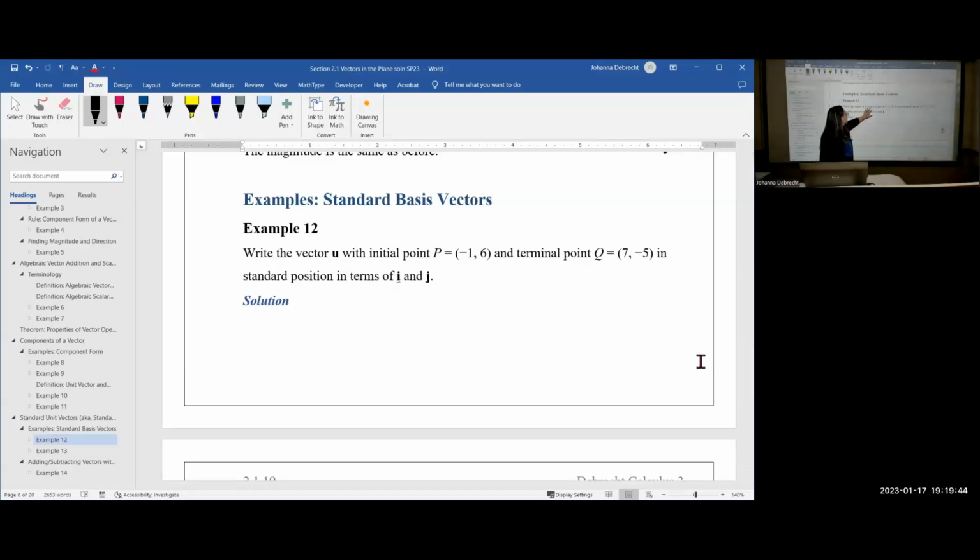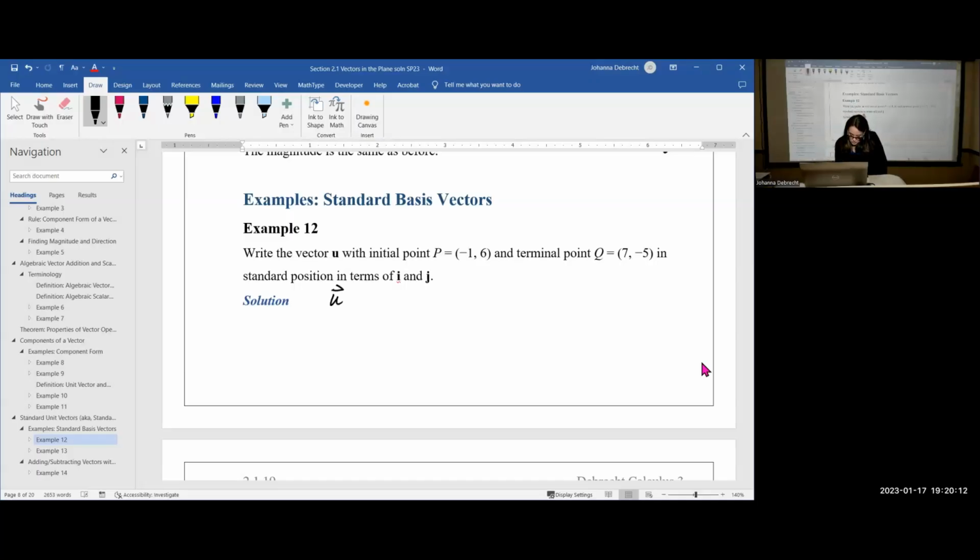So let's say that we have a vector u with initial point (-1, 6) and terminal point (7, -5). We want to write it in standard position in terms of i and j. Well, first off, it's not in standard position because the initial point is not the origin (0, 0). So the first thing I need to do is find the vector in standard position by subtracting the initial point coordinates from the terminal point coordinates.